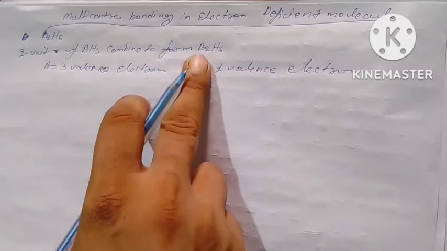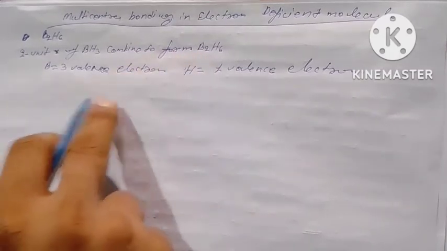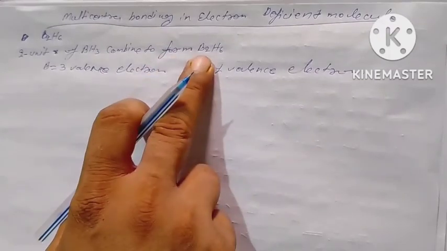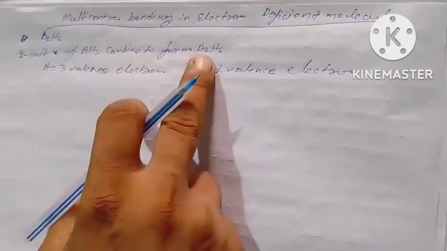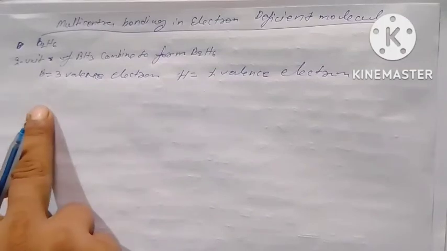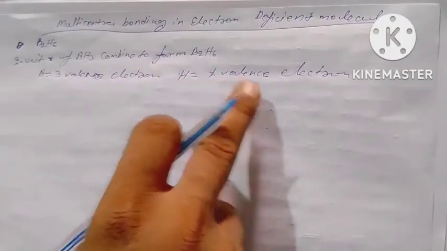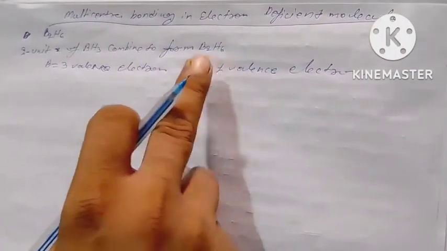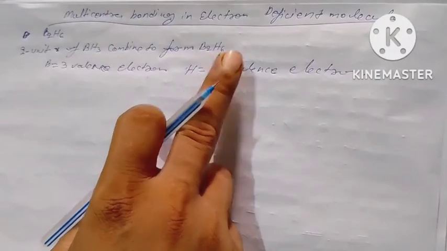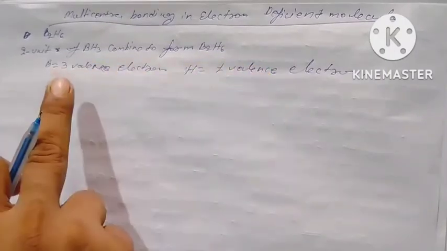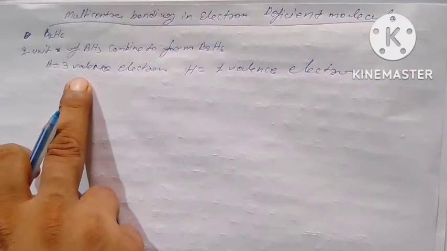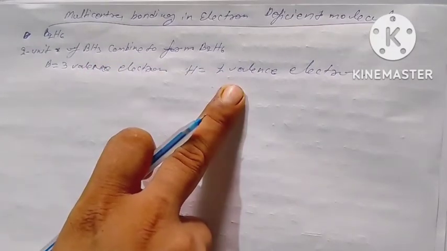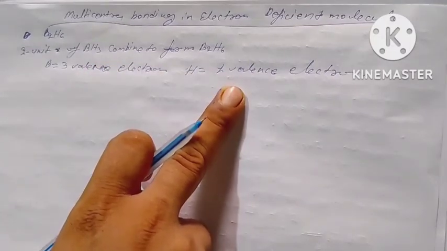One boron has 3 valence electrons, but 2 borons are present here, so total 6. One hydrogen has 1 valence electron, and 6 hydrogens have 6 valence electrons. The sum of both boron and hydrogen valence electrons is 12.